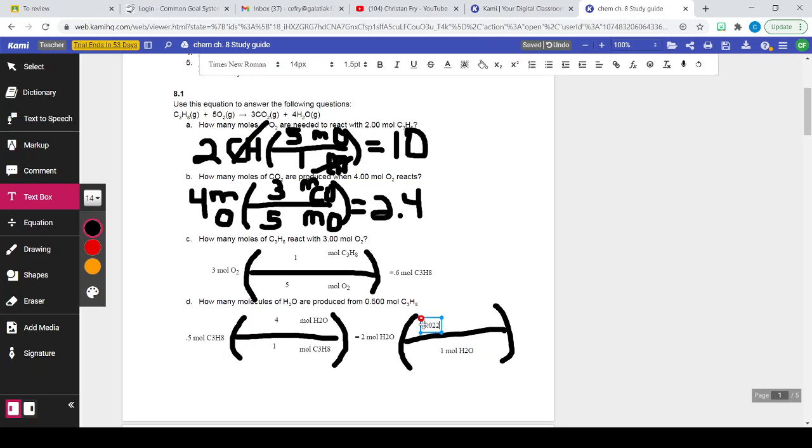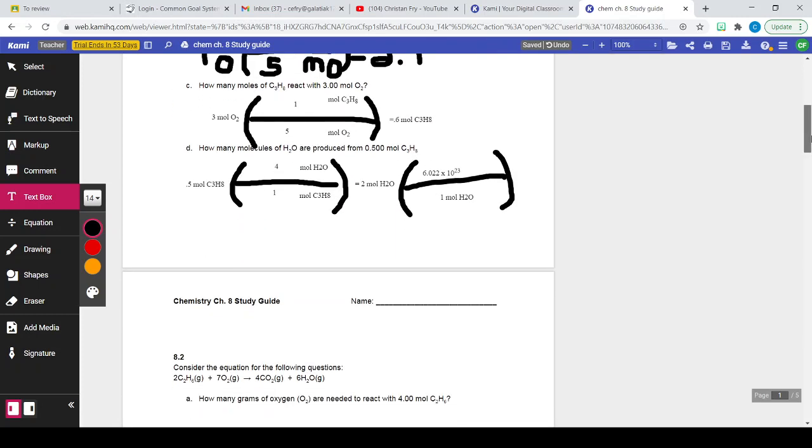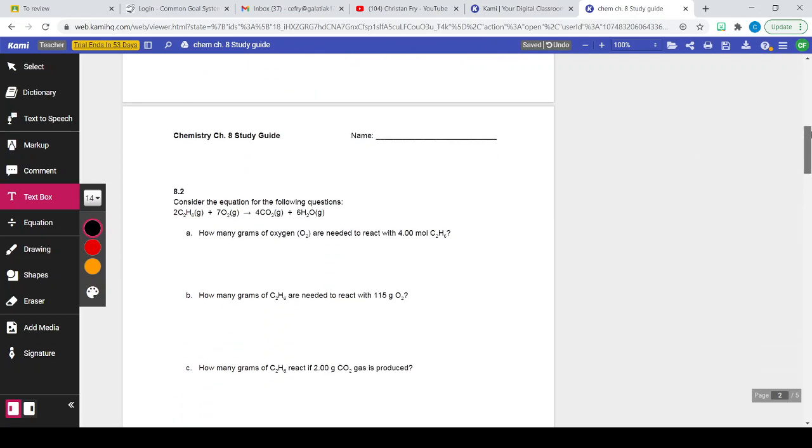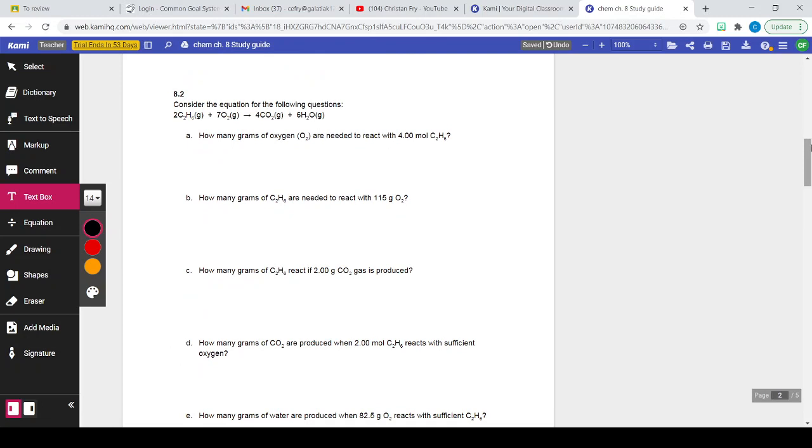Molecules would be the 6.022 times 10 to the 23rd. And then you would take 2 times 6.022 times 10 to the 23rd. So anyways, that's where the molecules are coming from. Like I said, don't worry about it. All right, so that takes us down to 8.2.